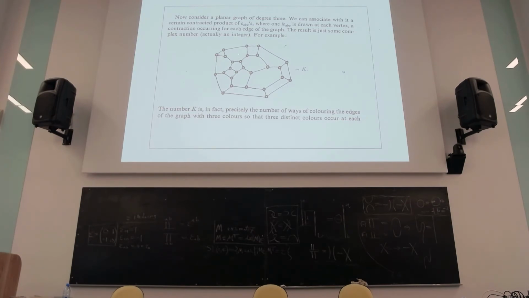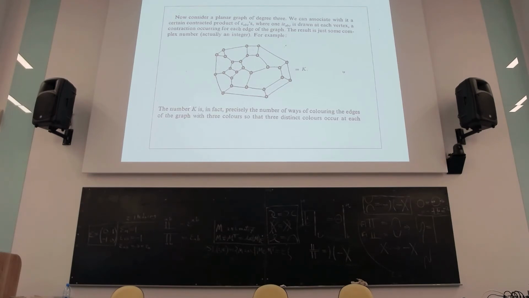Those are the contributions to his contracted product sum. It's going to be a sum over all possible choices of index, such that this is true, which means that we're going to sum over all proper colorings of the cubic graph, where proper coloring means you have 3 colors, and you're choosing in such a way that you have 3 distinct colors at a vertex. That's the coloring problem that I'm thinking about here. That's the coloring problem he's thinking about.